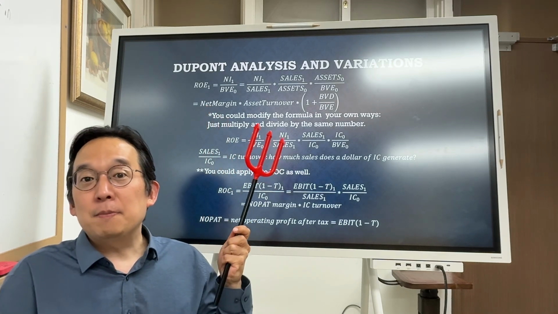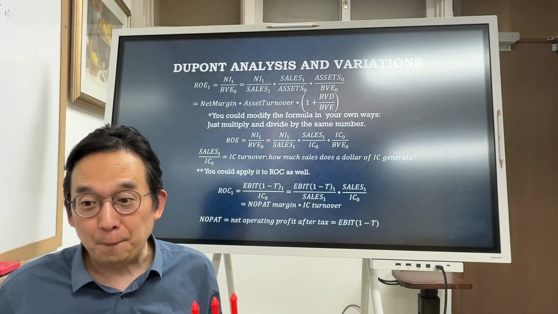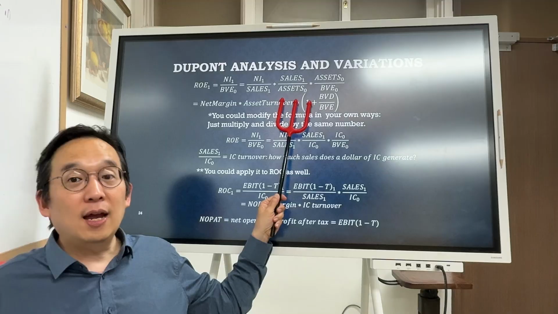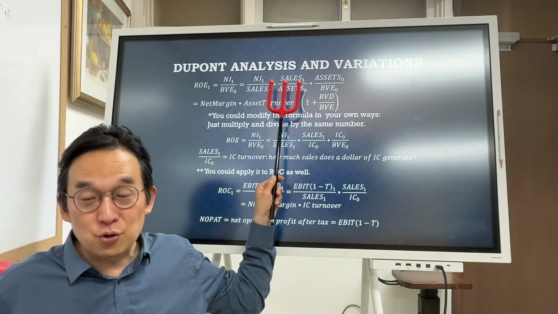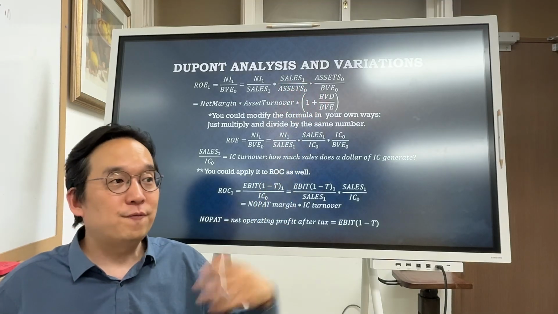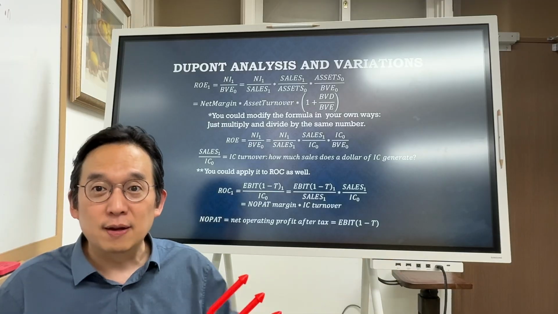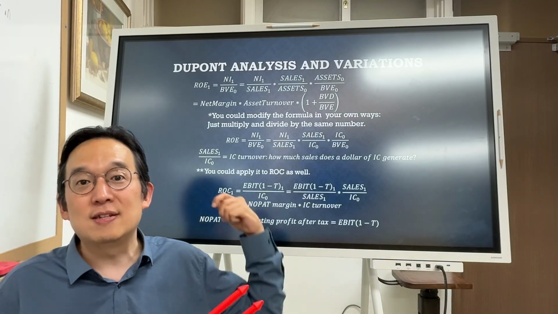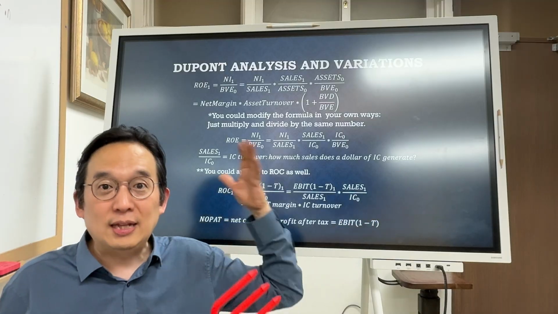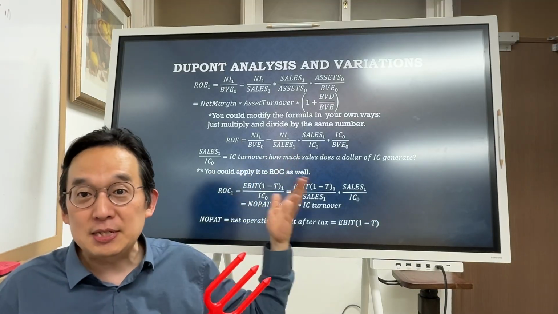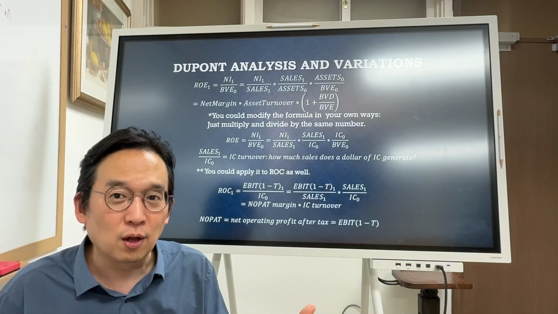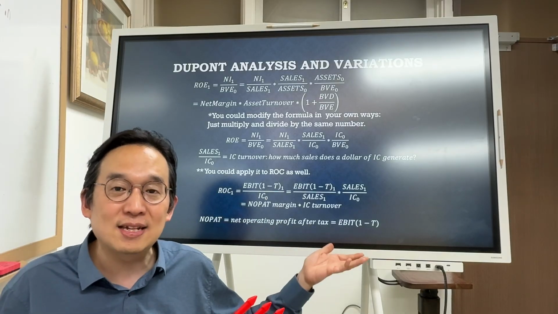The next item is called asset turnover. For each dollar of assets, how much sales do you generate? So factory or equipment, for the same amount of assets, how much sales can you generate? It tells a lot about the efficiency of your management. How diligently do you work for a given dollar of assets that you have?